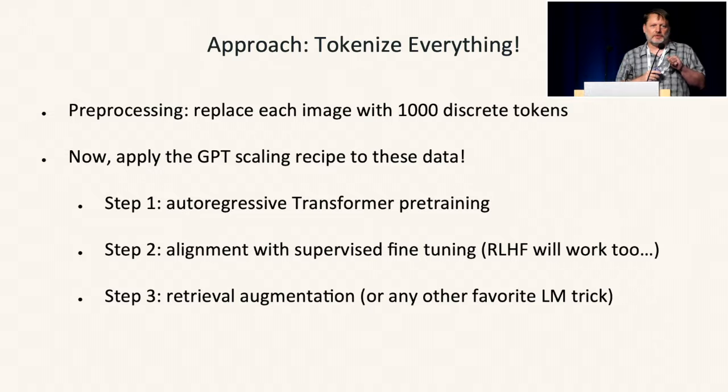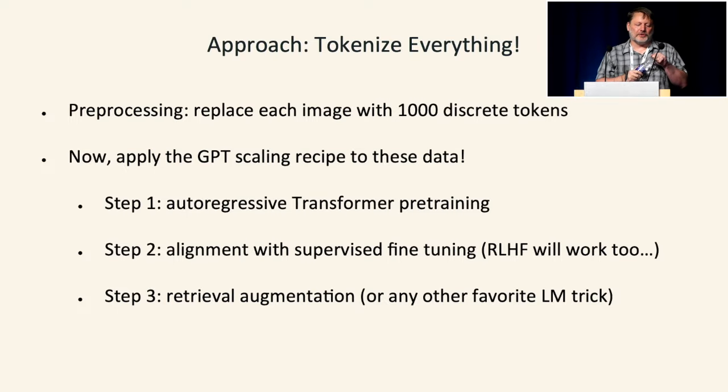You do this pre-processing step on your images, and now when I look at my data, all I see is text. Right? So we should be very comfortable in this world. And I can say everything is discrete tokens. I'm just going to train exactly as I would if I were a text-only model, and I'll be able to do multimodal. Okay? And so this was about a 2-year research enterprise that we did.